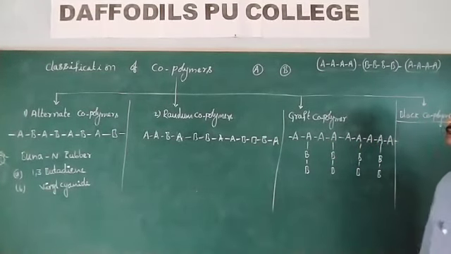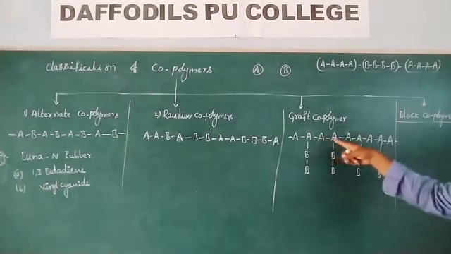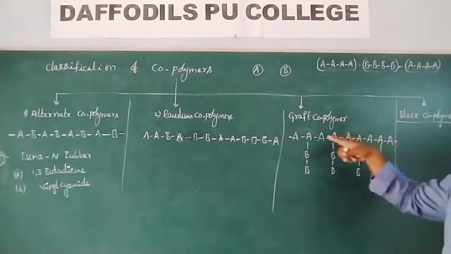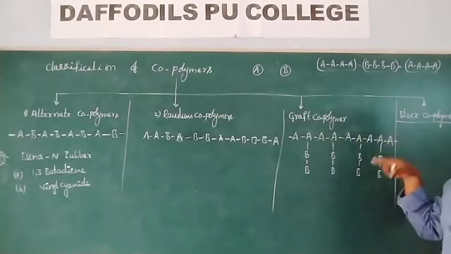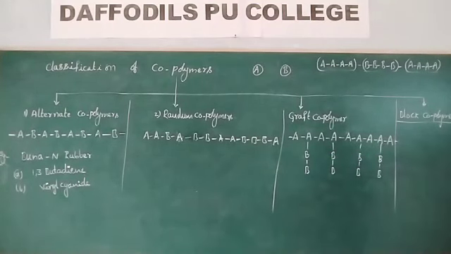Graft copolymers. In the case of graft copolymers, one of the monomeric units is arranged as a lengthy chain. To this, another monomeric unit is attached as branches. Block copolymers.